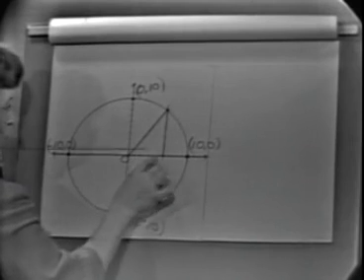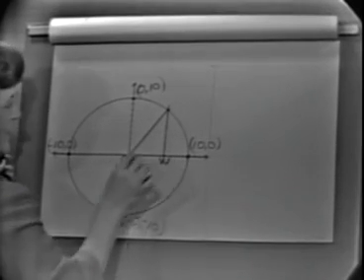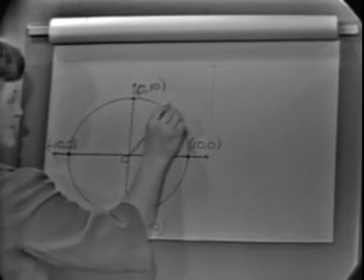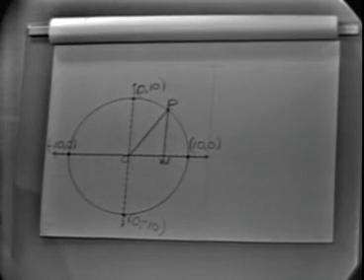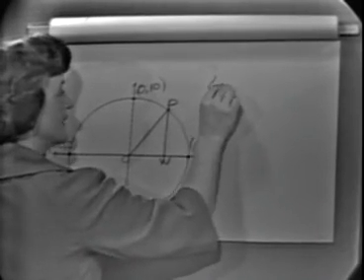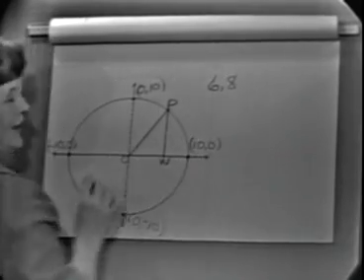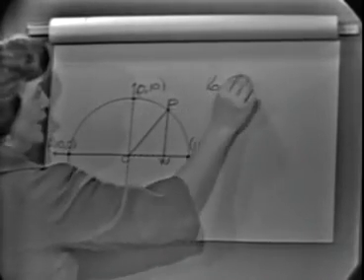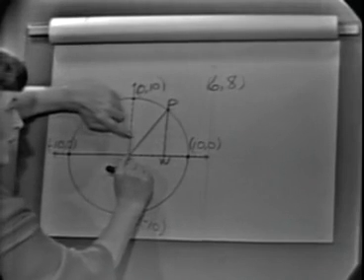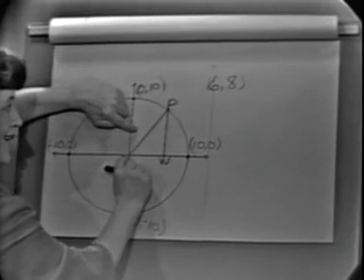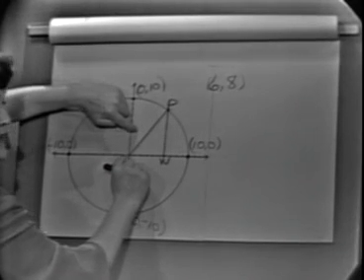We'll name this point of intersection here W. We might ask ourselves, is the point 6, 8 on the circle? We know that the measure squared of OP is equal to 100, since the measure of OP is 10.